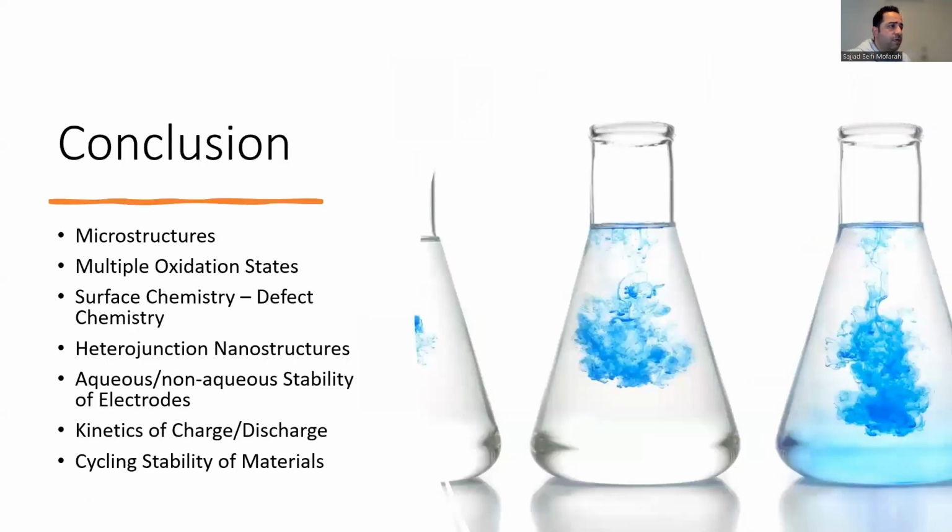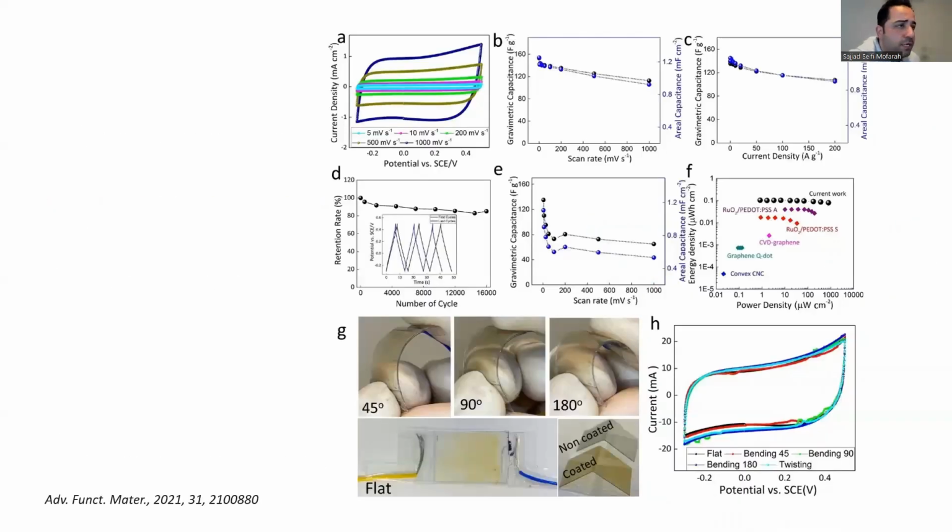Figure G shows a camera image of the 2-electrode cell that we bent to different degrees, 45, 90, and 180 degrees. And figure H is associated with figure G, where we did cyclic voltammetry of the 2-electrode configuration system at different bending angles.